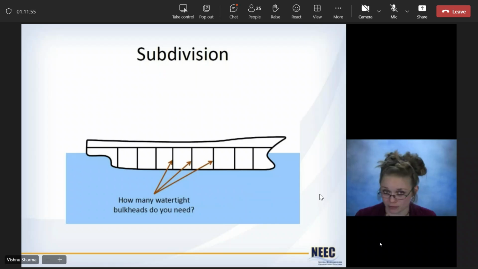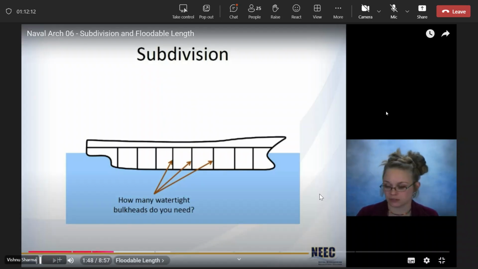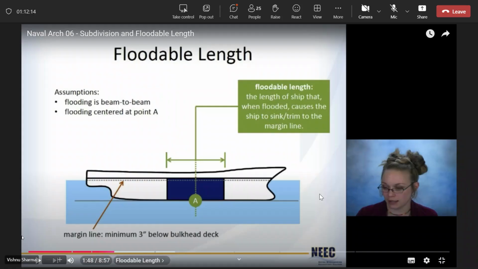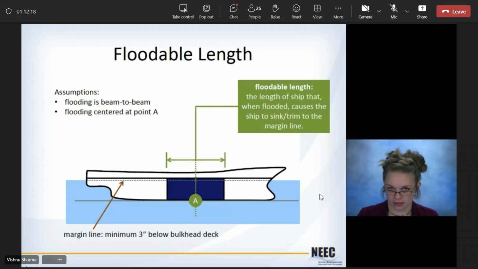But the question is, how many watertight bulkheads do you need? We can appreciate that probably more of them is good, but then it makes it hard and expensive to make the ship. Sometimes you need to have larger spaces because of cargo holds. So you need to figure out exactly how many you need to have. One way to do this is to use the floodable length. So floodable length is kind of a weird concept.